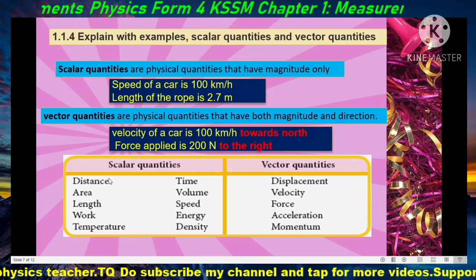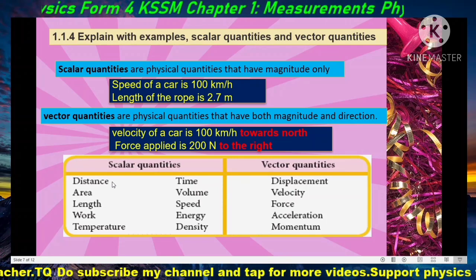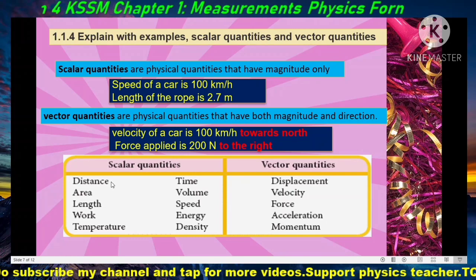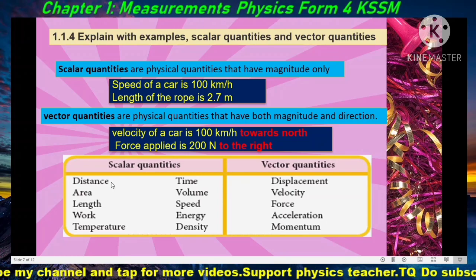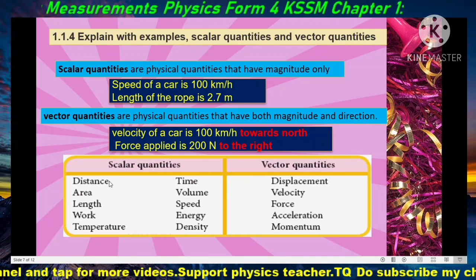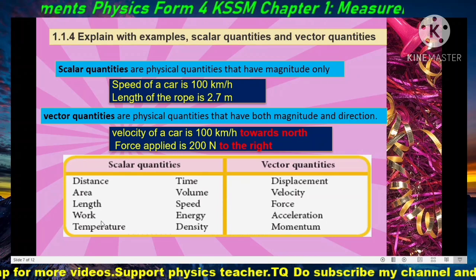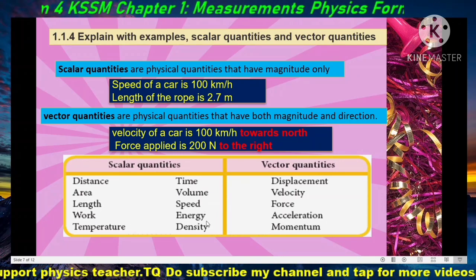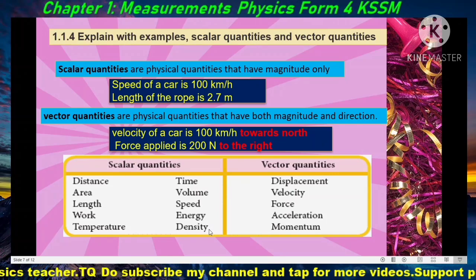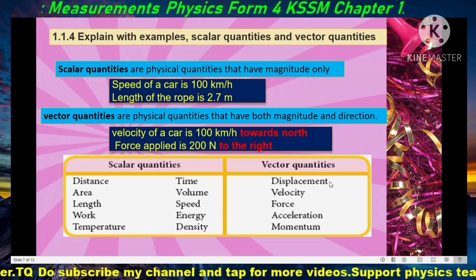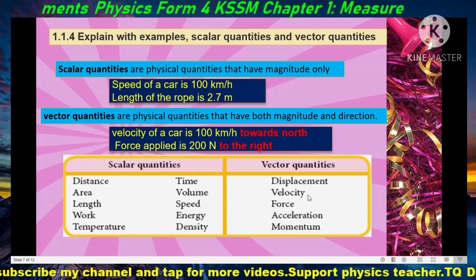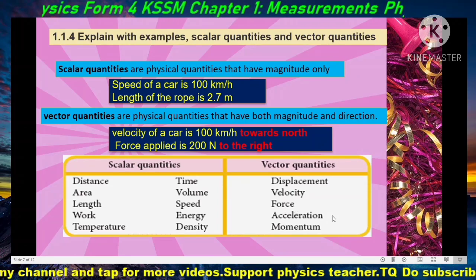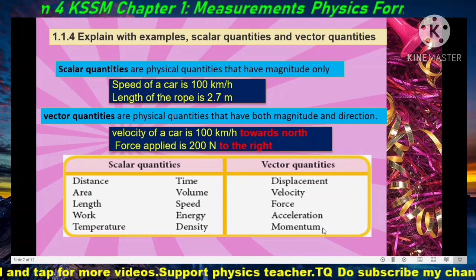Scalar quantities that can always be seen in this physics topic: distance, area, length, work, temperature, time, volume, speed, energy, density. For vector quantities, we have displacement, velocity, force, acceleration, momentum.